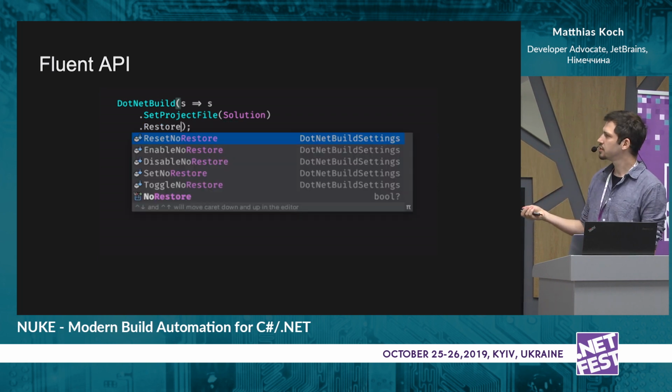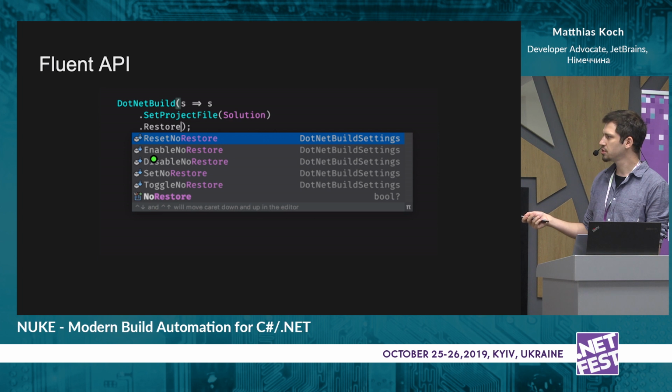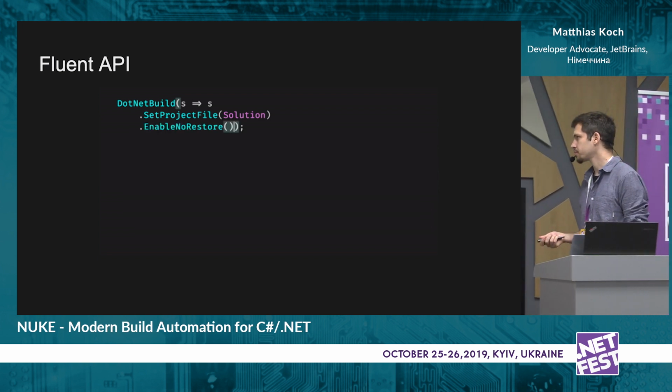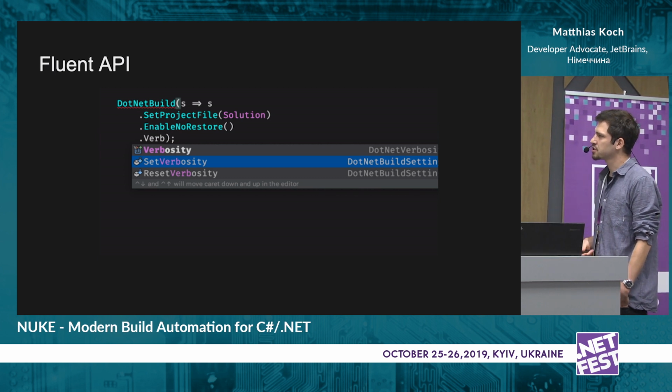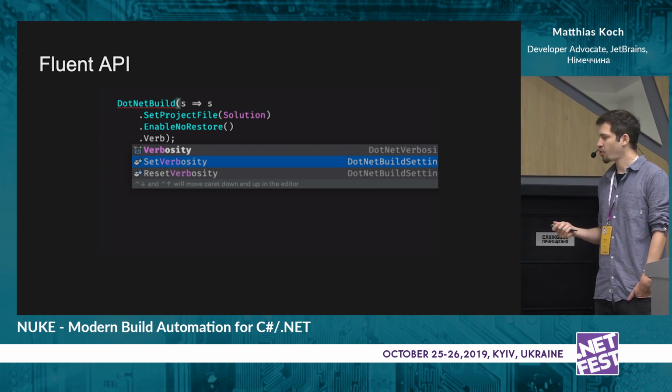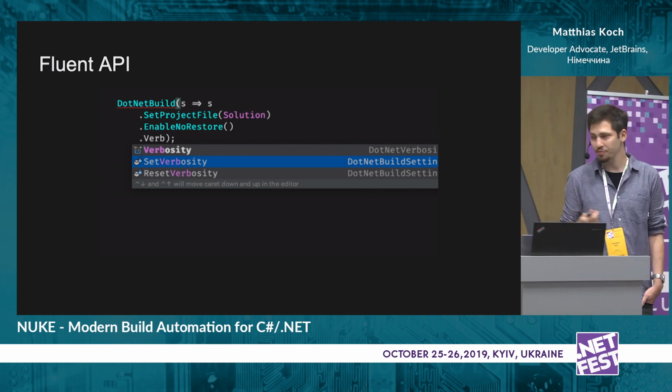So this is why here I have not just set no restore and reset no restore, but also enable and disable, and also toggle. That's basically for composability. Okay, next is verbosity, and here's another example of the tool support.